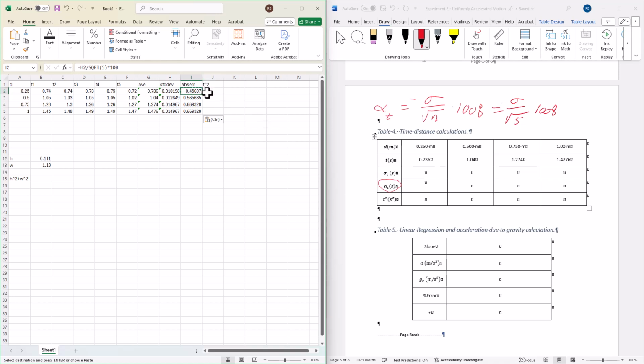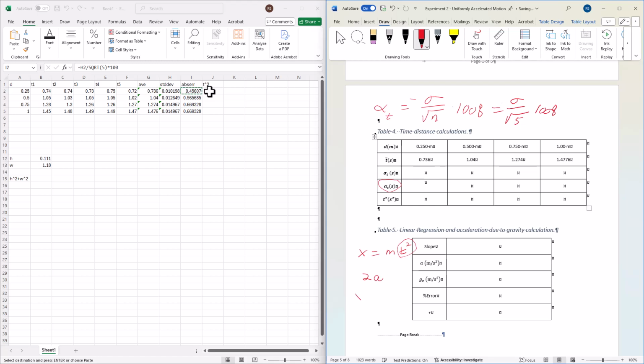Then the next thing that we need to do is compute t squared. And why do we want to do that? Well, keep in mind that my displacement x is going to be equal to some number, the slope, times t squared. So there's a linear relationship between the square of time and x, and we want to find the slope because it turns out that slope is going to be 2 times acceleration.